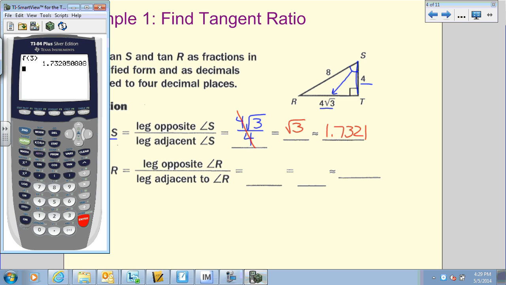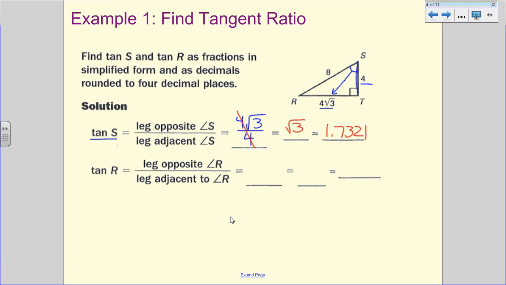If we take a look at the leg opposite angle R now, I'm going to focus on angle R. And if I go opposite that, that's 4 over the adjacent side for R, this 4 square roots of 3. There's things about radicals that we didn't necessarily study last year, but for purposes this year, we're going to write it as 1 over square root of 3.